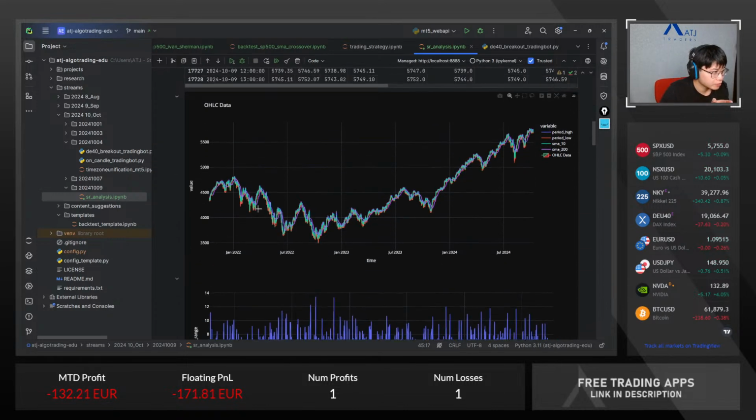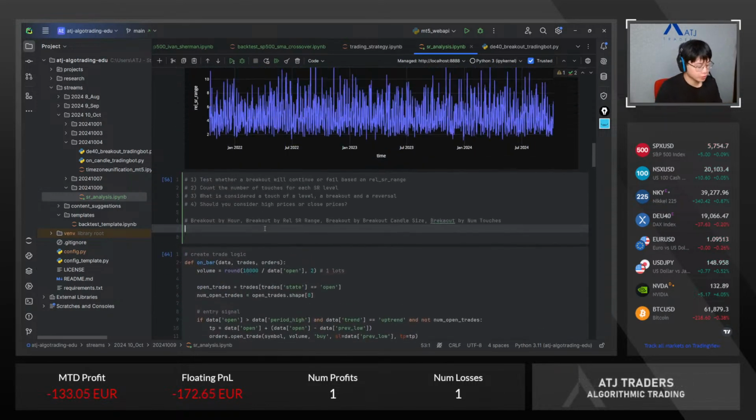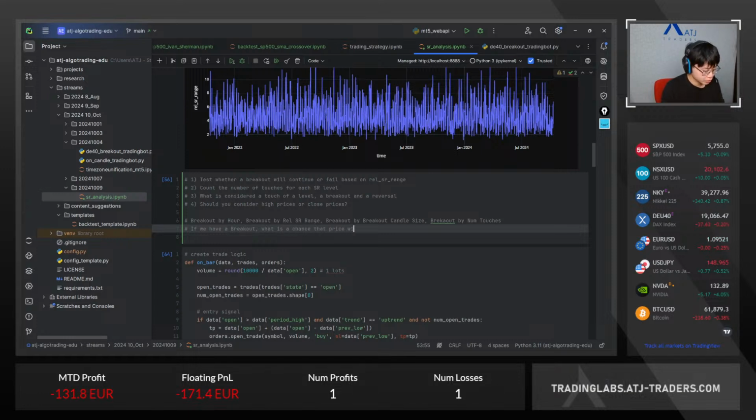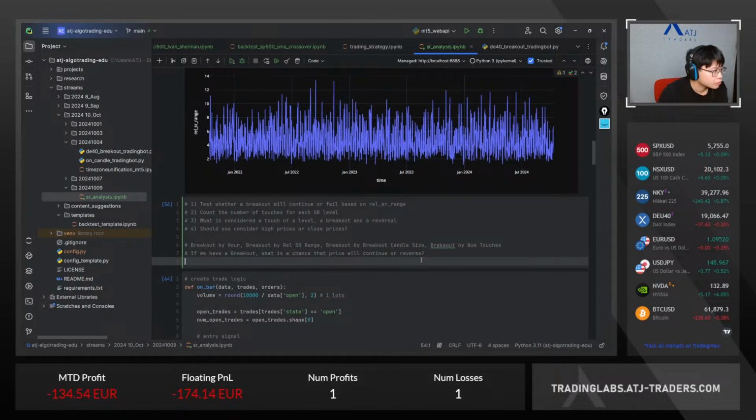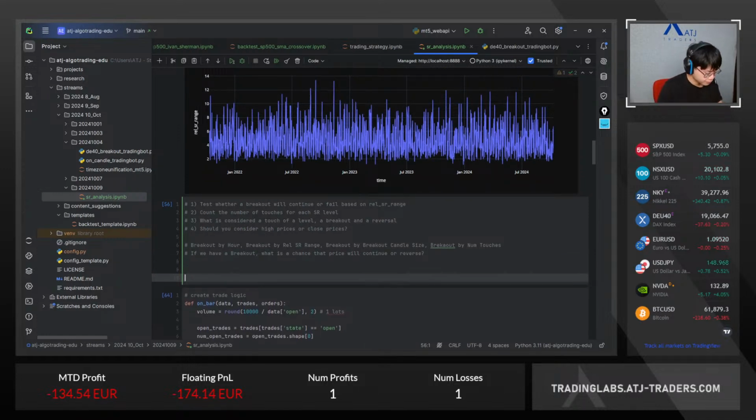If you have a breakout, what is the chance that price will continue or reverse? This is now something that we want to work on. So let's start by hour now.